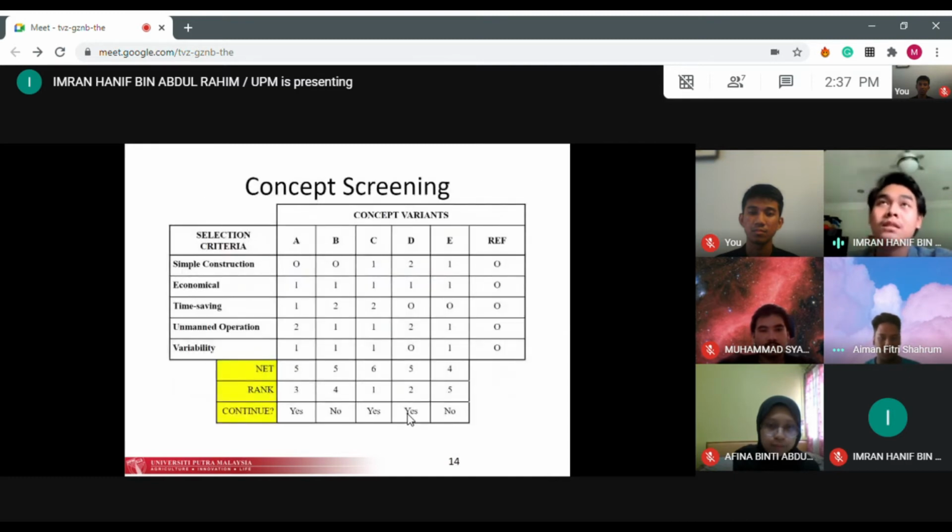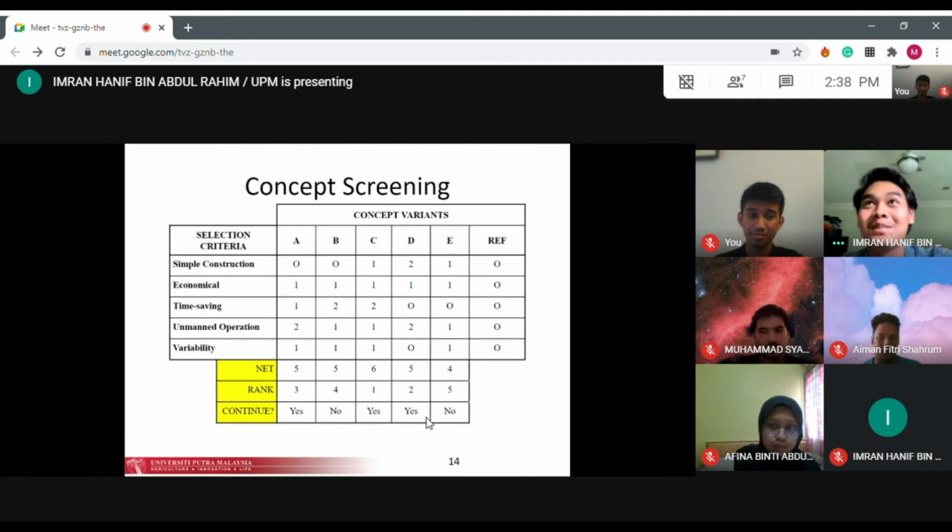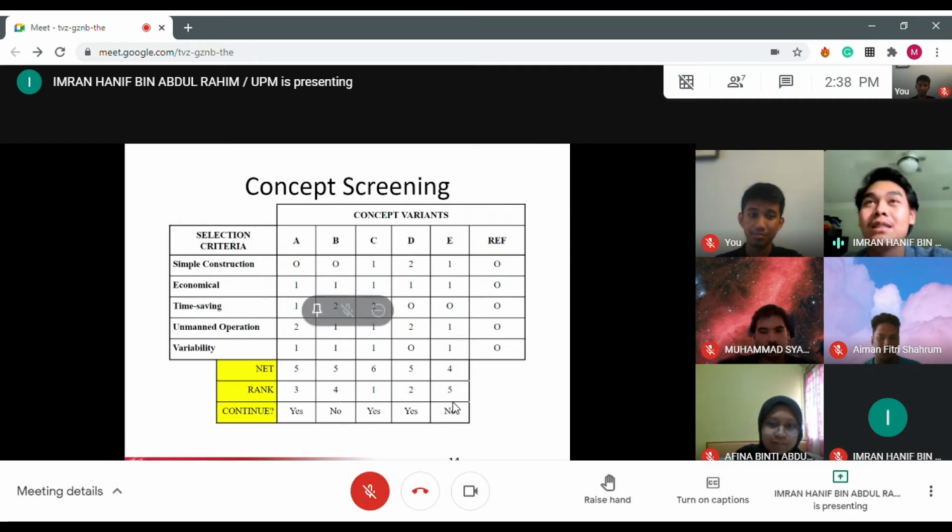Okay, for now we are going to look at the concept screening. In screening, we evaluate each design compared with the reference. If our design is better than the reference, we give it a plus, and if it is not good compared to the reference, we give it minus or zero.